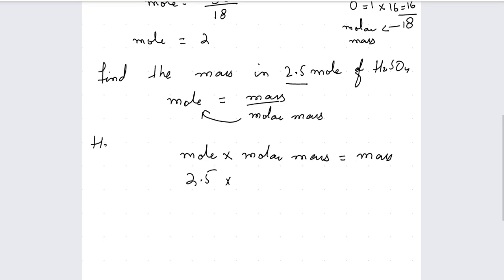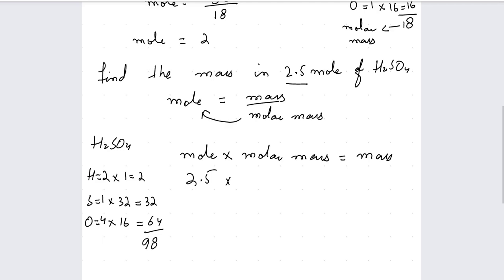I am finding again the molar mass of H2SO4. How many hydrogen? 2. How many sulfur? 1. How many oxygen? 4. Multiply by the atomic mass of hydrogen, the atomic mass of sulfur, the atomic mass of oxygen. 2 times 1 is 2, this will be 32 and this will be 64. Altogether it is 98. So it should be multiplied with 98.